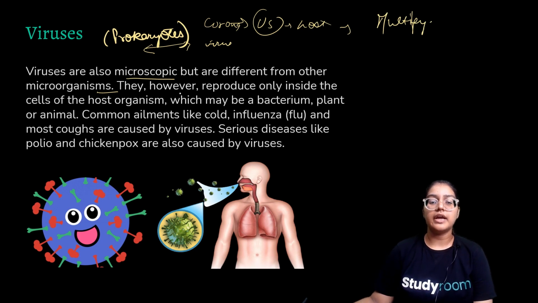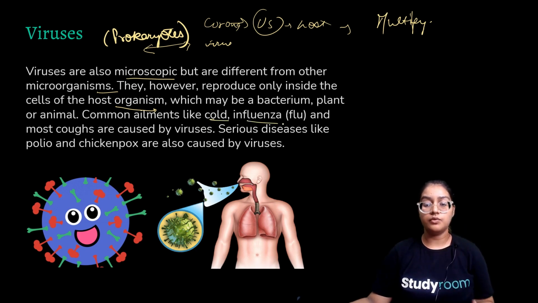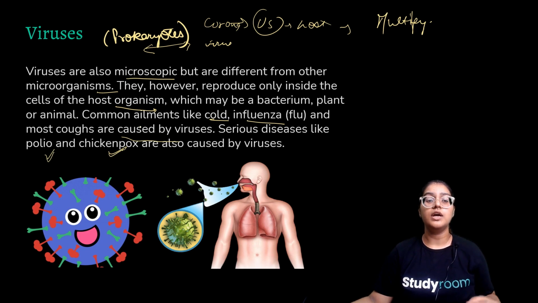They reproduce only when they are in the host organism, which may be bacteria, plants, humans. Some of the diseases which viruses cause are cold, influenza, flu, cough, and chickenpox. These are some serious viral diseases. So now you know why virus is different from bacteria, fungi, and protozoans.